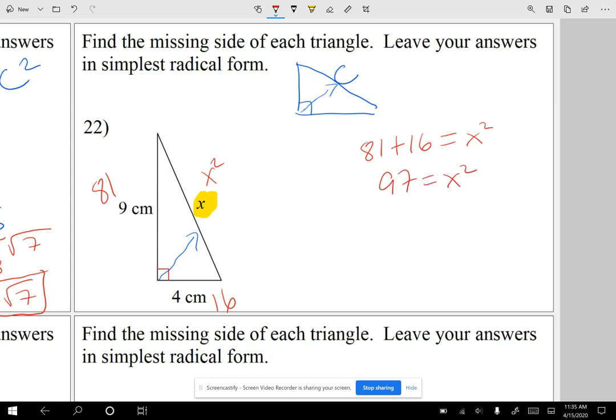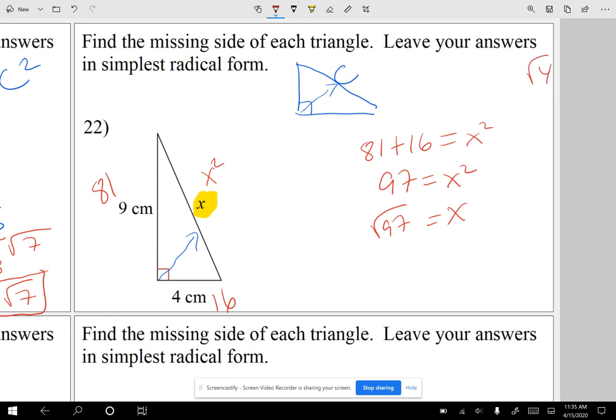Then I go, all right, 97. Can I think of a number? I start thinking of my perfect square roots because I know x equals the square root of 97. So I start thinking, can I simplify 97?